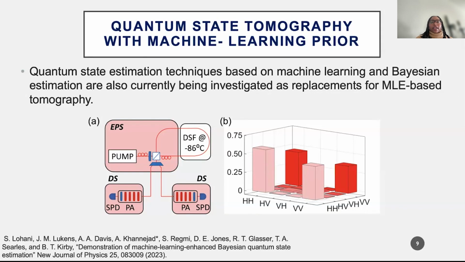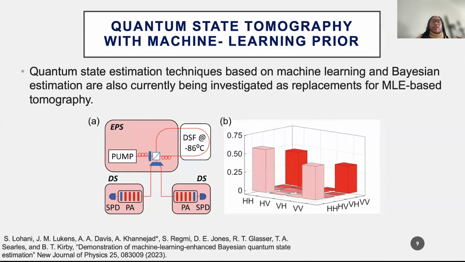So in order to mitigate these problems and see the effectiveness of the Bayesian inference method, we chose to use the machine learning prior in order to customize the prior distribution for this Bayesian state estimation. So prior distribution is just an initial set of beliefs regarding the states that might describe your system.